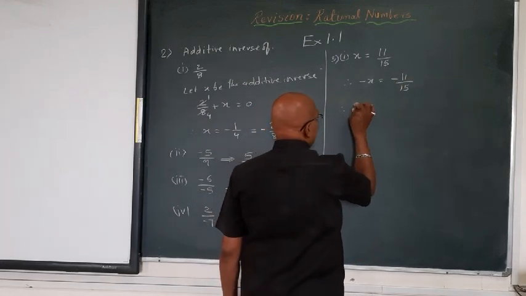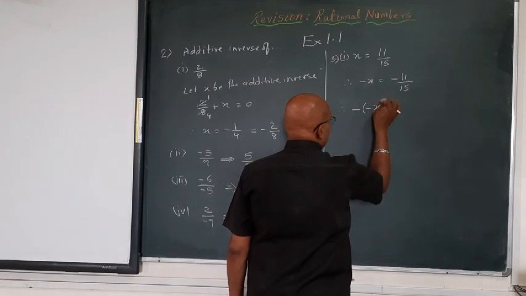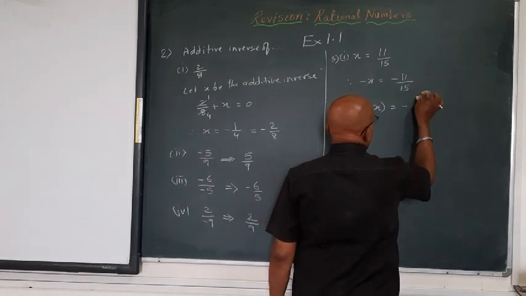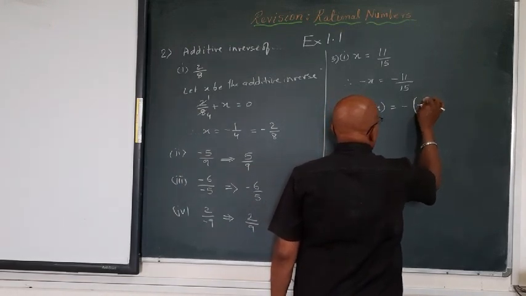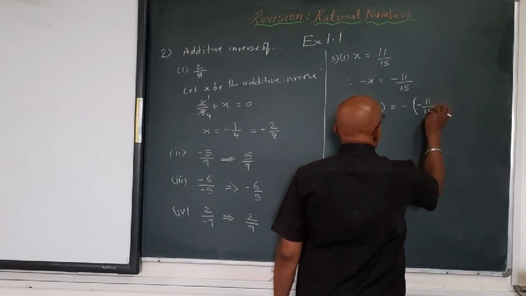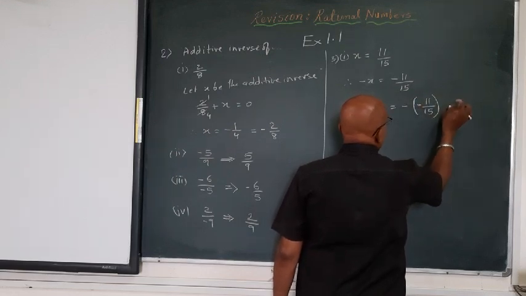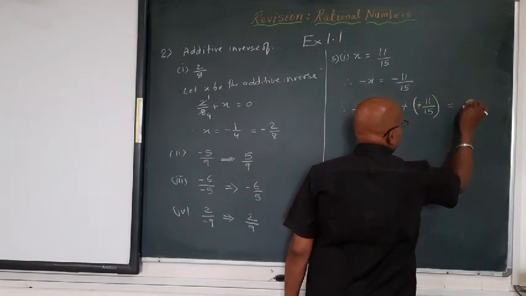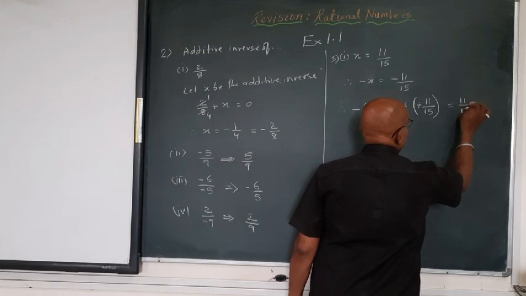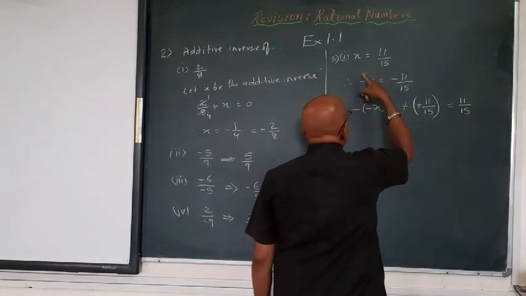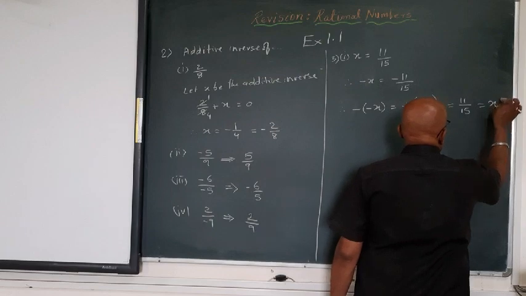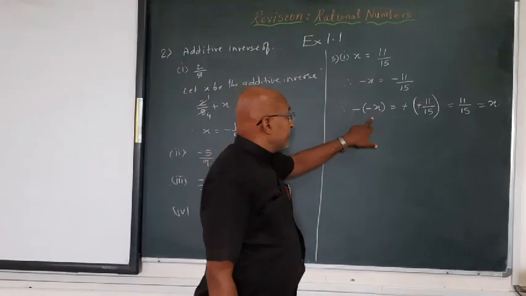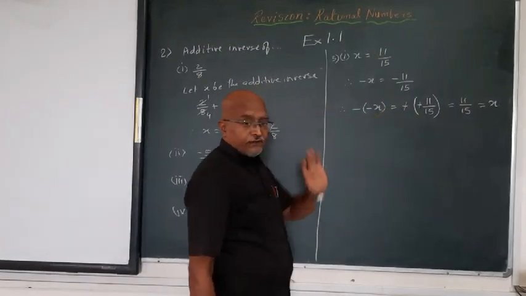And therefore minus of minus x equal to minus of minus 11 upon 15. These minus minus gets plus, or we can directly make it plus. So 11 upon 15, which is nothing but x. So minus of minus x is x only. We have verified from this.